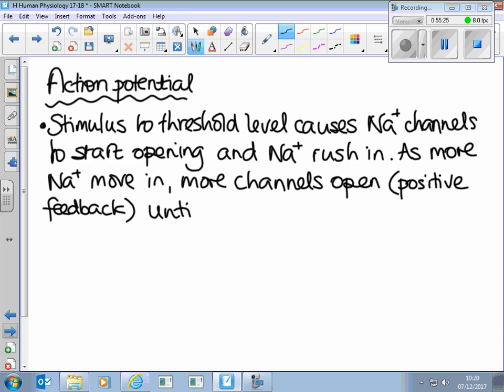And then I will say until the membrane is depolarized.